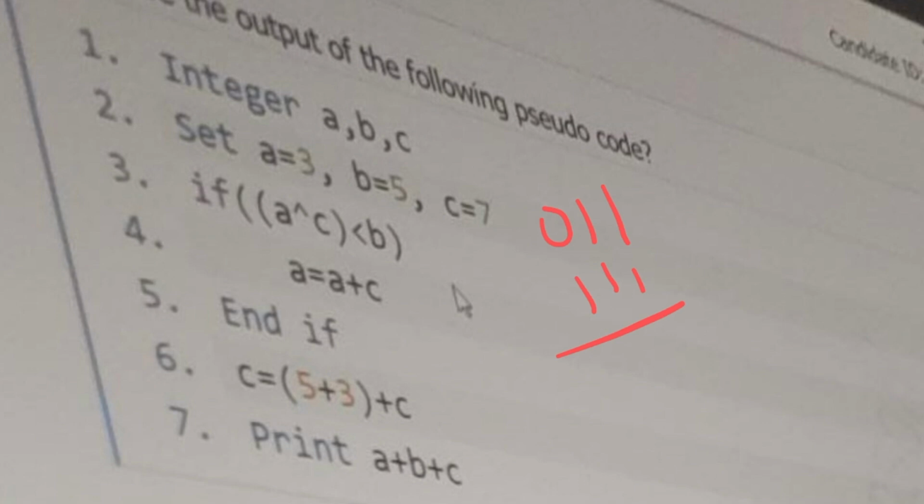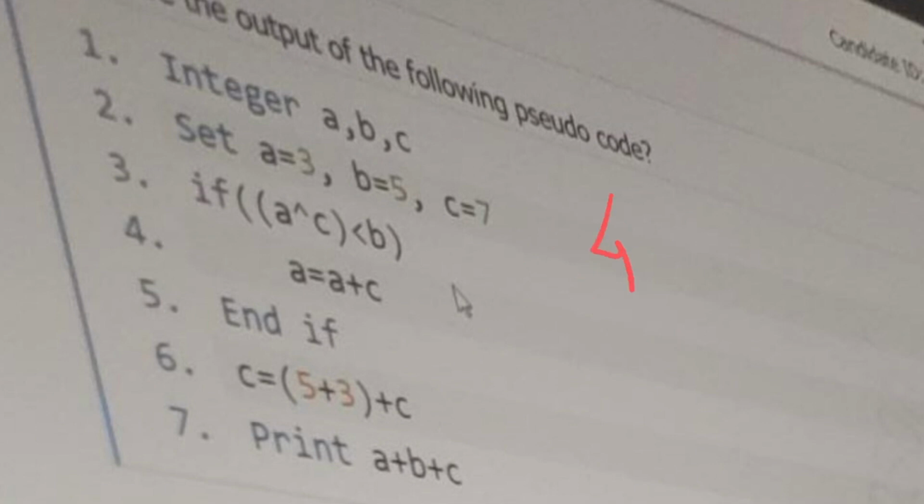So here both are true, so false. Both are true, so it is false. And here both are different, so this will be true. So 100, that means a XOR c means 4. 100 is the binary representation of 4.